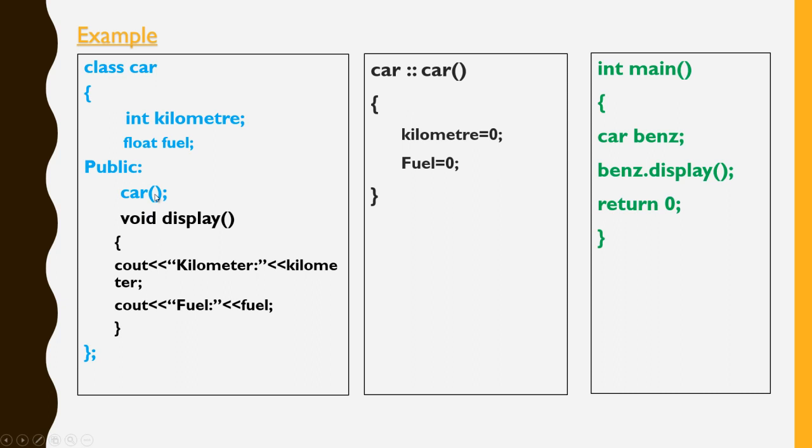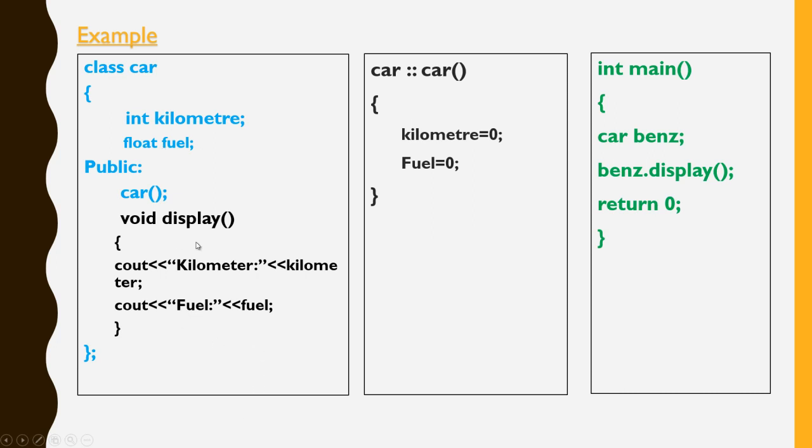And this constructor has no parameters within this parenthesis, which means this is a zero argument constructor, or what is called a default constructor. And we have a display function here. This display function displays the values of kilometer and fuel.